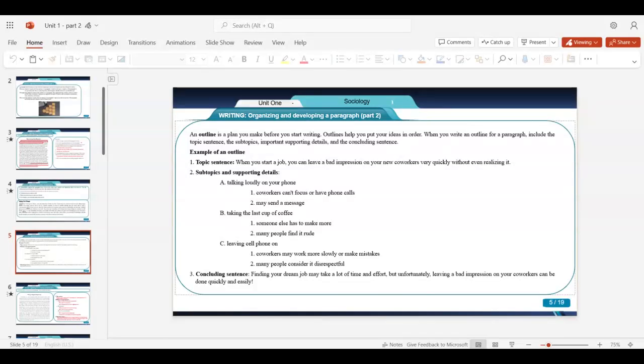And after this, when you wind up your paragraph, be careful that the concluding sentence is also very important. It restates your topic sentence again, but in simpler words. Usually in conclusion, we start with finally, finding. Okay, so like this. Now this is an outline for paragraph writing. Hopefully you get how to write it.